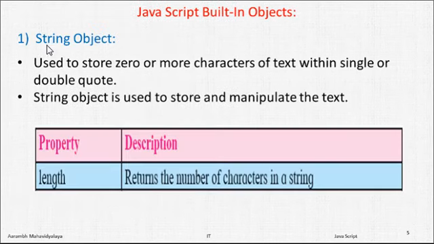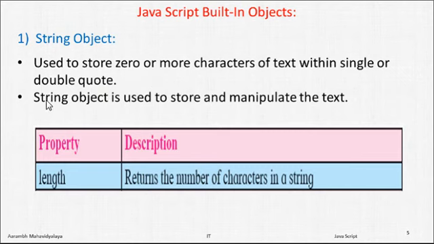First of all, let us see string object. String object is used to store 0 or more characters of text within single or double quote. That means whatever the data we are providing under a variable with single or double quote, that complete data behaves as a string.